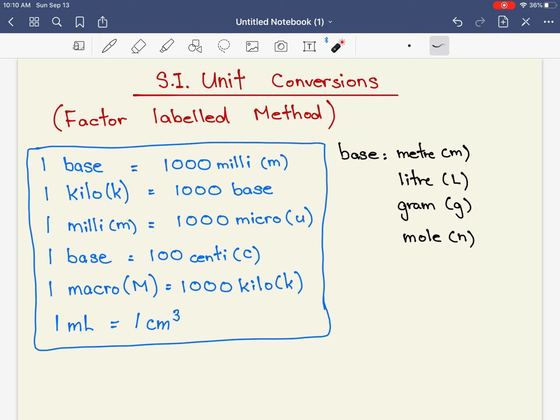But that's something you need to just keep in mind. And lastly, 1 milliliter is really equal to 1 centimeter cubed. In many cases, we use milliliter as an abbreviation for measuring the volume of liquids, and centimeter cubed maybe for a solid, but also liquid too. And they also call this cc, which is what we call cubic centimeter.